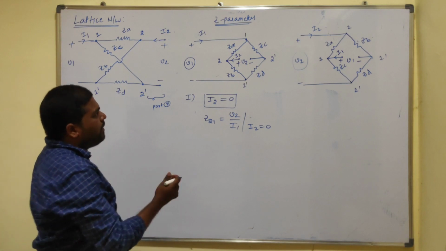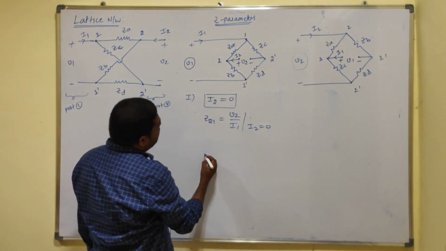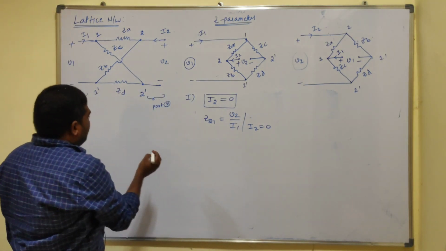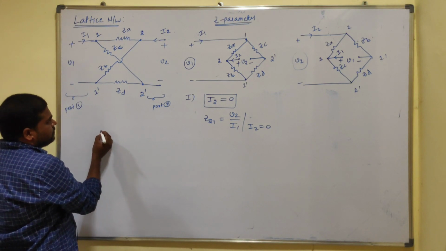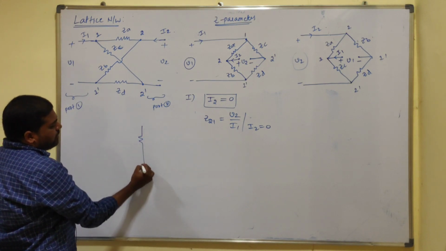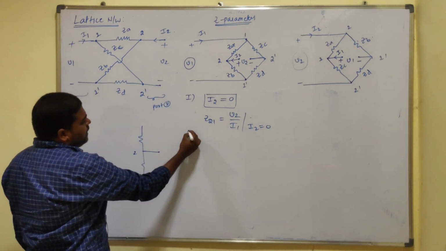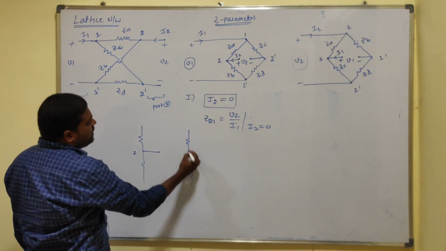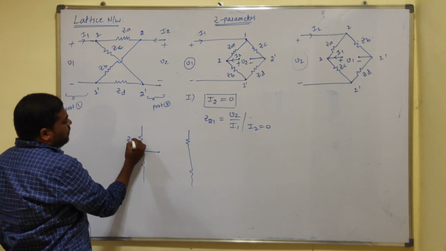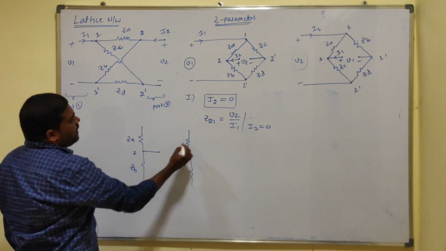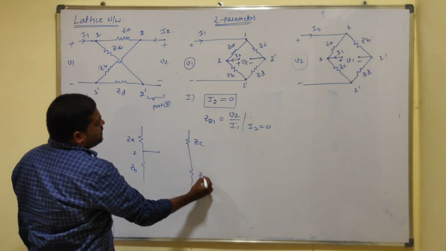So now I can make the circuit. Otherwise, you can take these two individual branches. So here we have terminal 2, and here also I have two elements. This is ZA, this one is ZB, this one is ZC, and this one is ZD.